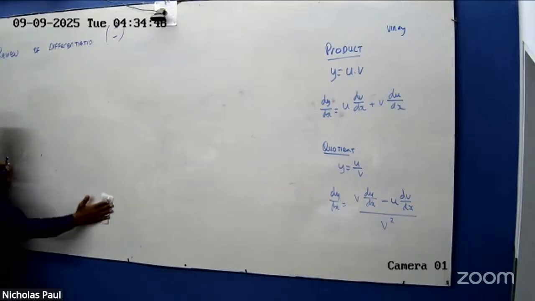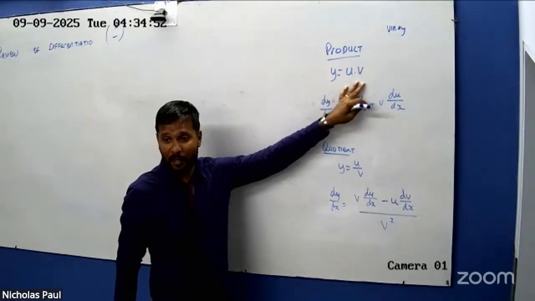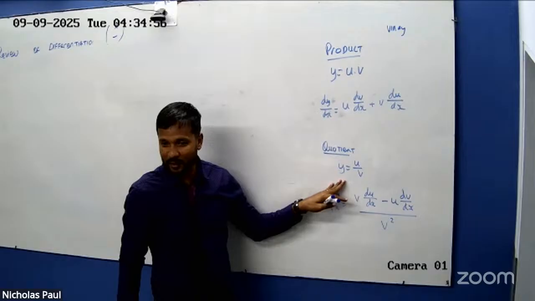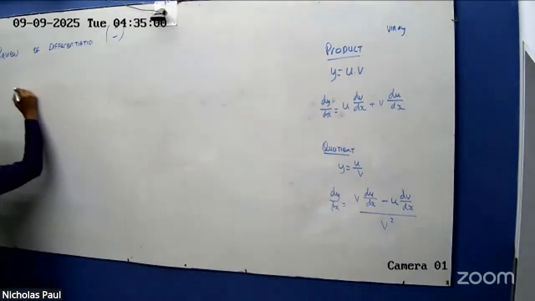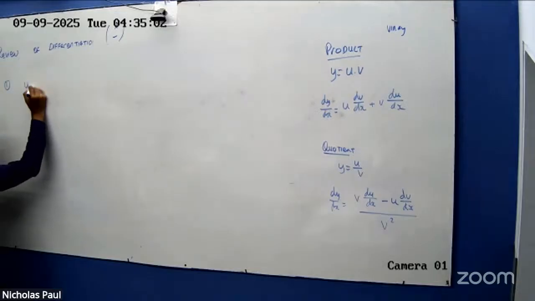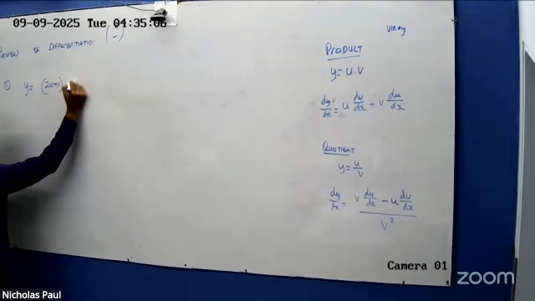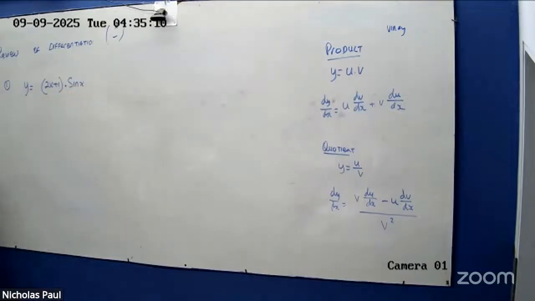When do you use the product rule? When you have a product, when you're multiplying two functions. When do you use the quotient rule? When you divide them. So look at this here. Product or non-fraction. Nathan, what is this? A non-fraction, so there's a product.